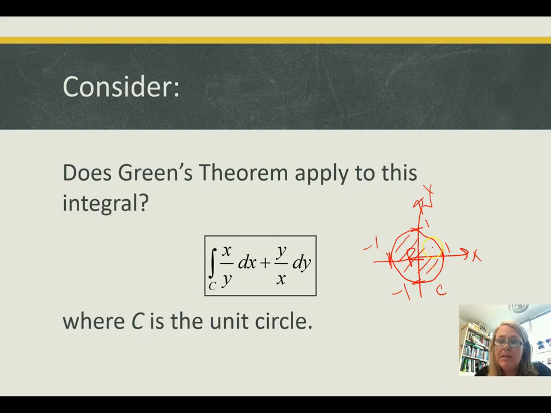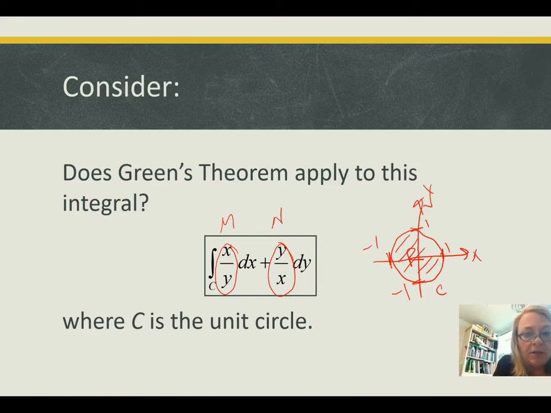So this does satisfy the first assumption of Green's theorem. The second assumption, though, is that M and N have continuous partial derivatives in that region.